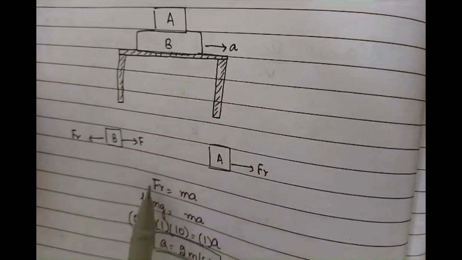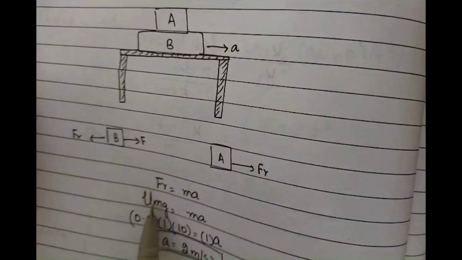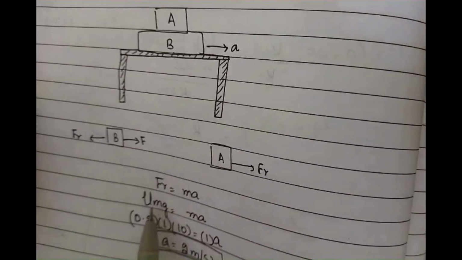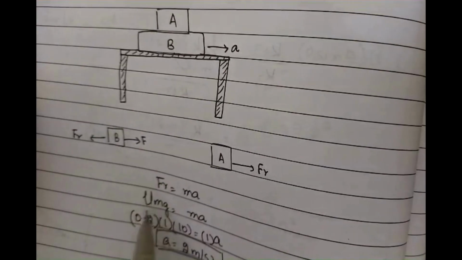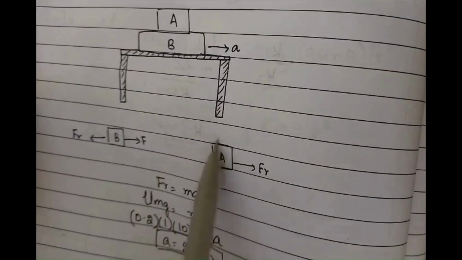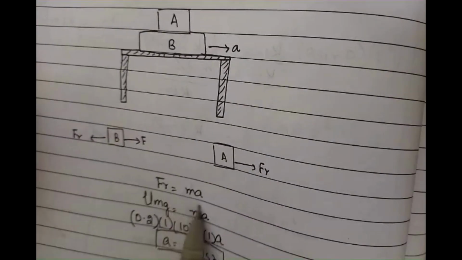Now, we know that the force of friction is going to be equal to mass into acceleration, right? So the force of friction is given by mu mg. So mu mg is going to be mass into acceleration. We know what mu is. Coefficient of friction is given as 0.2. Mass is 1 kg for this block A, because this frictional force is going to cause the acceleration of this block.